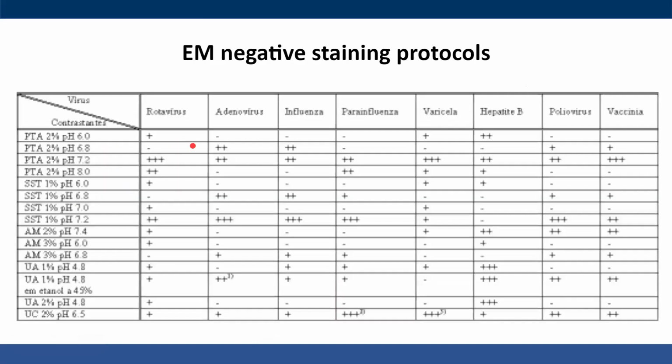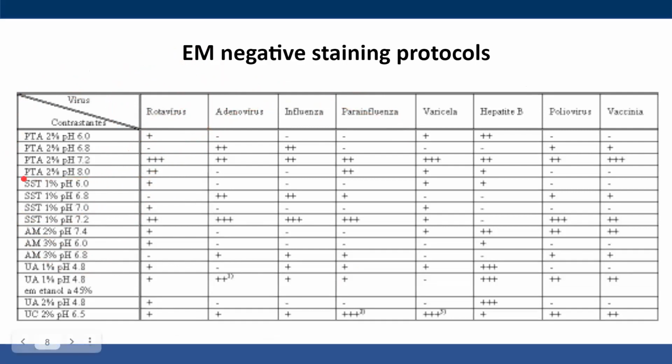Here is a table that has different types of reagents with concentration and pH for different types of viruses. It's one class of sample, but here we can see the difference in the success of the technique between different types of viruses.